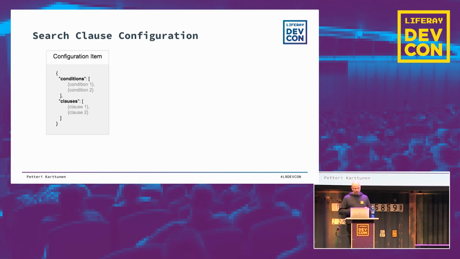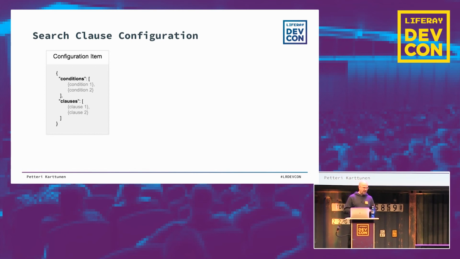The search clause configuration consists of JSON configuration items, each of them capable of having an array of conditions and clauses. For example, conditions in a single configuration item could require, as mentioned before, that the user belongs to a certain user segment, is located somewhere, maybe a member of a group, this and that.